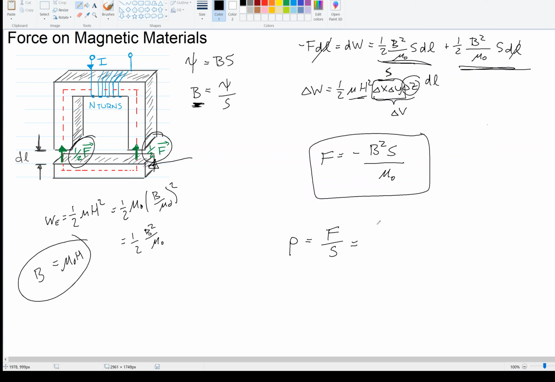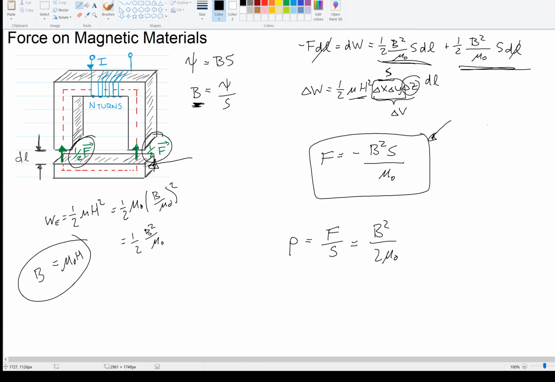So that cancels with that S there, and we get, in terms of magnitude, the pressure at each one of these gaps would be B squared over 2 mu0, because remember this was the total force, and so the force at each one is actually half of that.